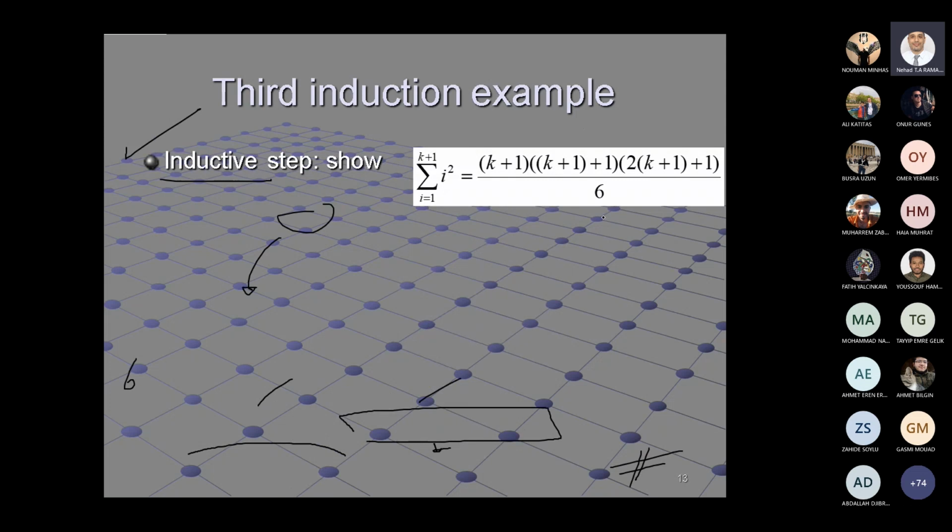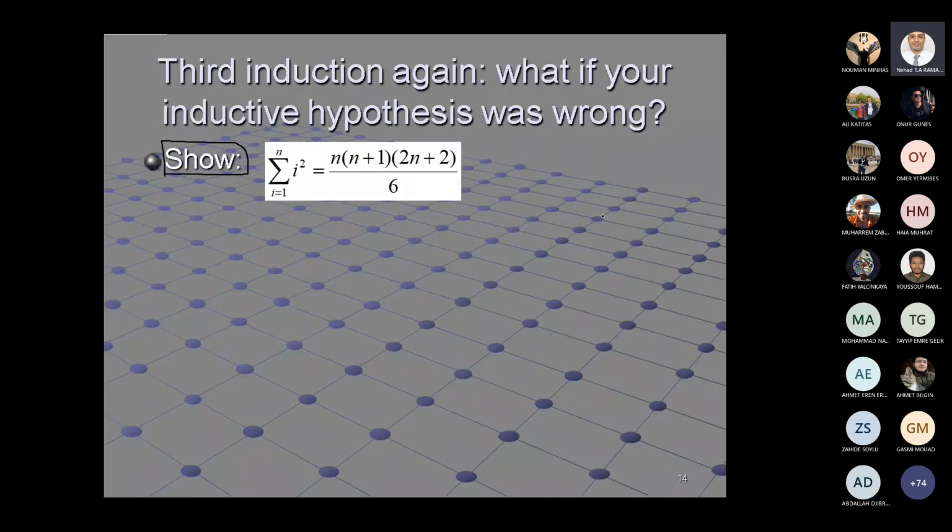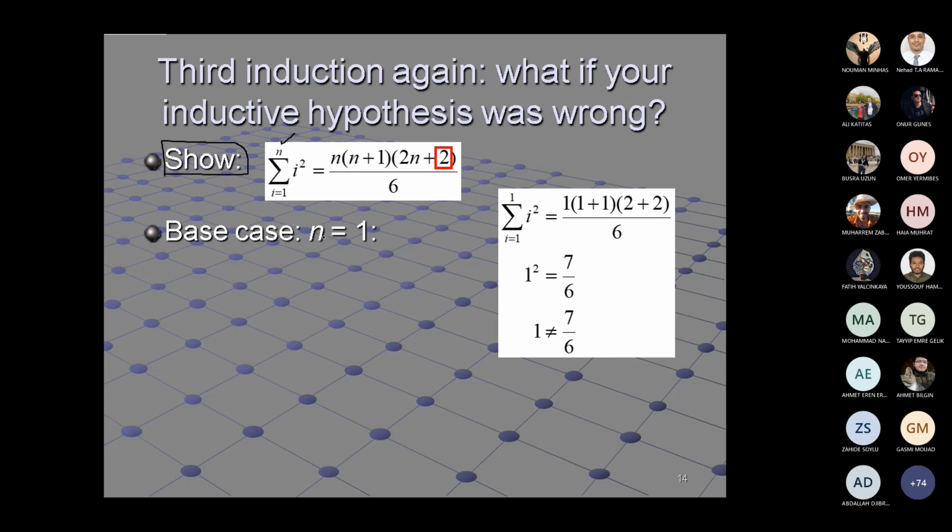Is it correct? Let's see if it's correct. So, show that this equation is correct. To show that it's correct, first we will take the base case. Base case when we have n equal 1. So apply n equal 1 here.